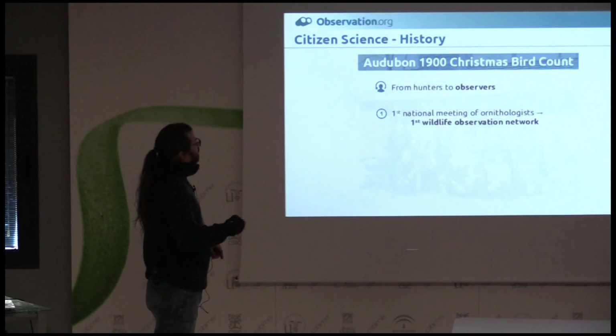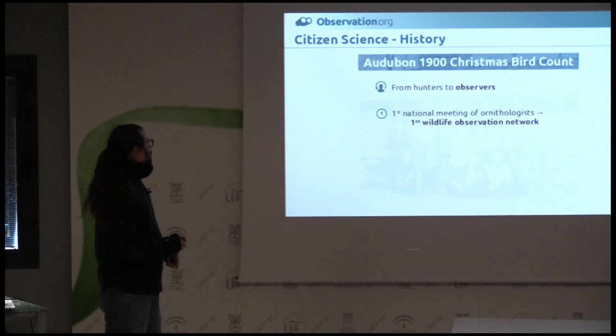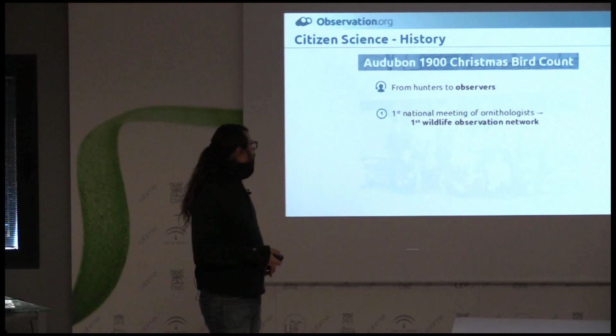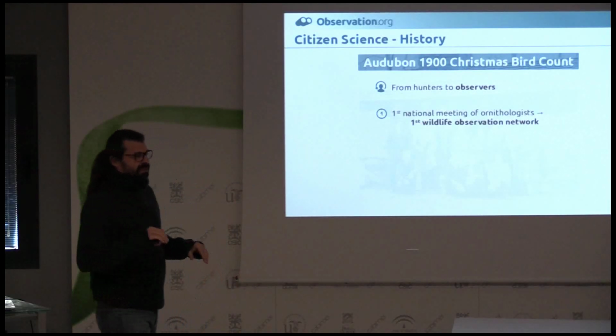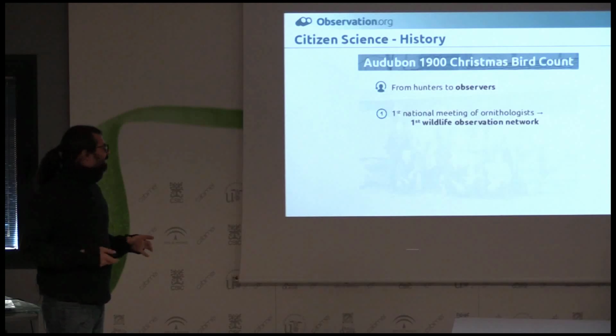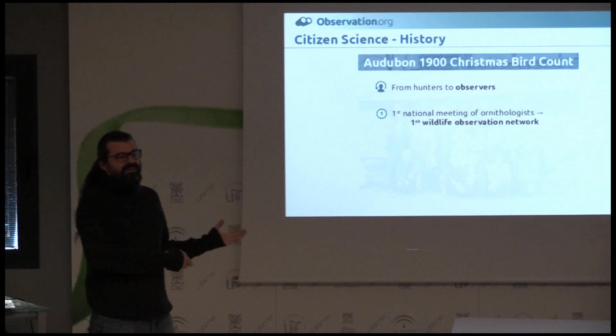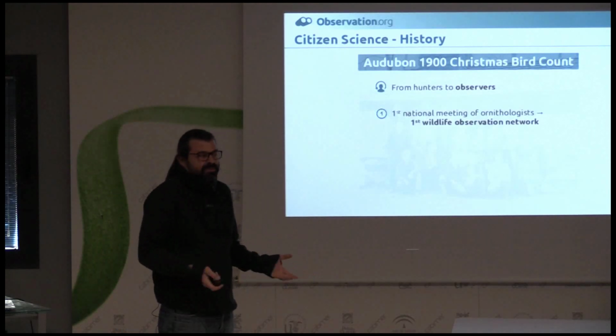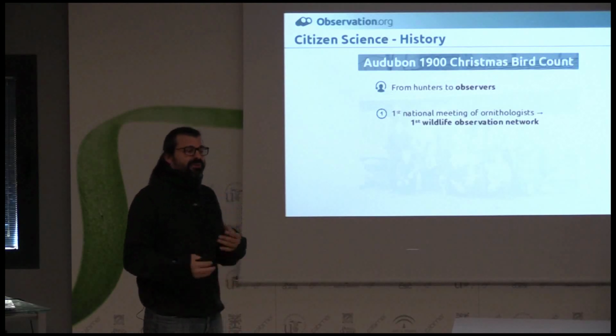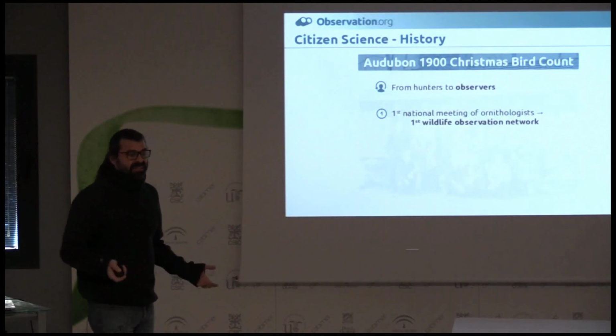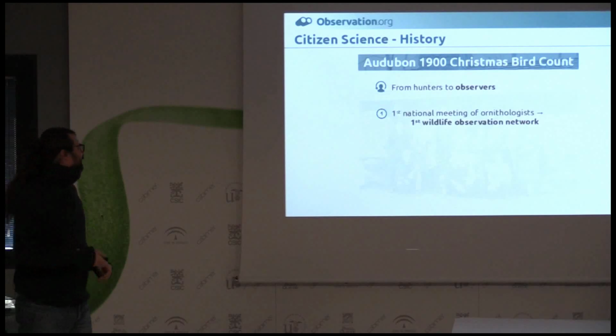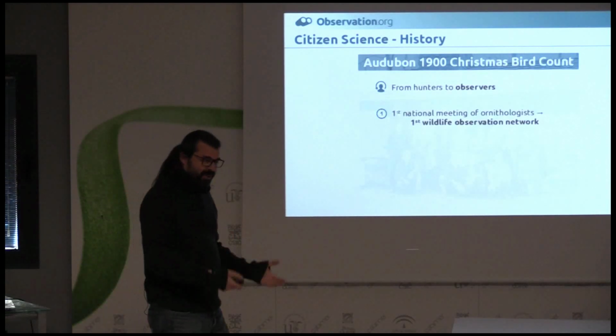The consequence of this bird count was that they had the first national meeting of ornithologists, and they created that network. They didn't have the technology that we have today. They didn't have mobile phones, so all the information was sent by snail mail. So it's not a quick network, but it worked.